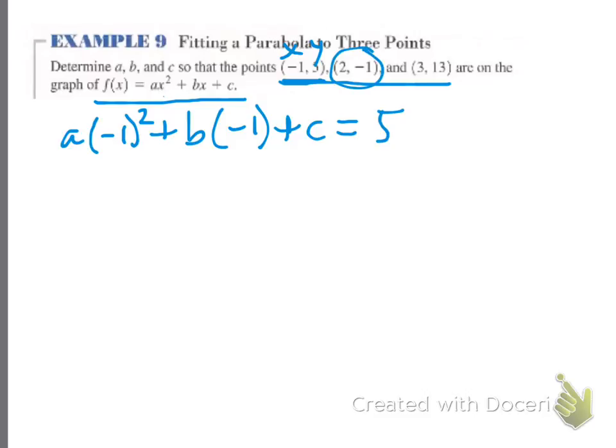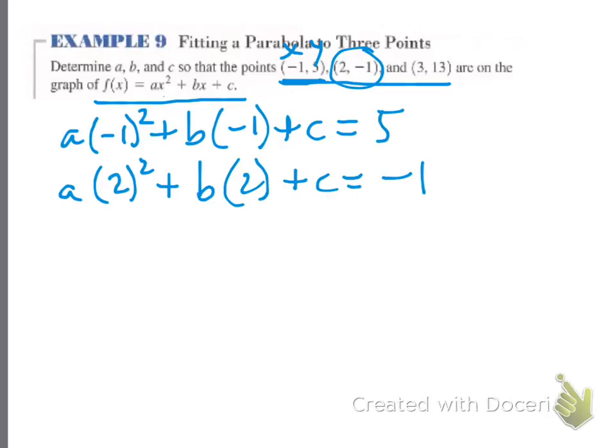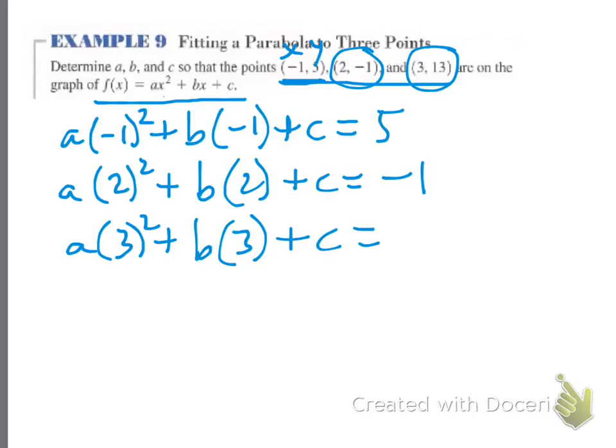Now we're going to take the second point. X is 2, so a times 2 squared plus b times 2 plus c equals -1, because that's the y coordinate. Lastly, we're going to put in a third point. So a times 3 squared plus b times 3 plus c equals 13.